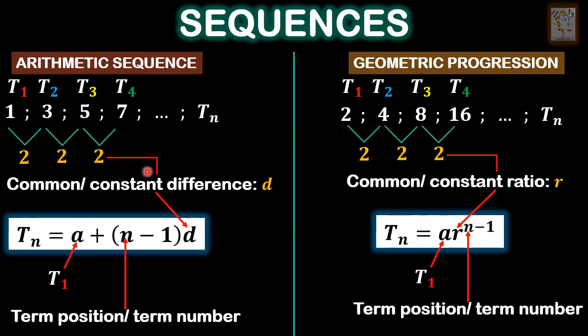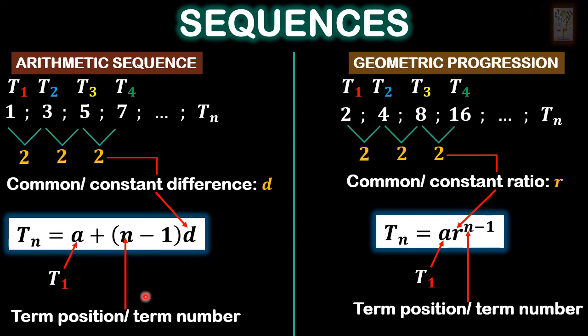The difference is that the general term of an arithmetic sequence is given by Tn is equal to a plus n minus 1 into d, whereas the general term for geometric progression is given by Tn is equal to ar exponent n minus 1. Another difference is that with arithmetic sequence, we talk about the common difference, but with geometric progression, we talk about the common ratio.